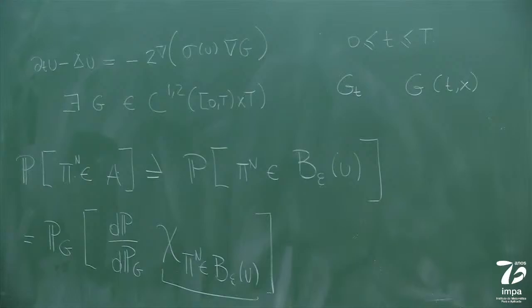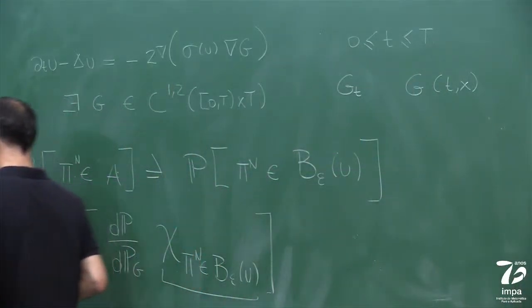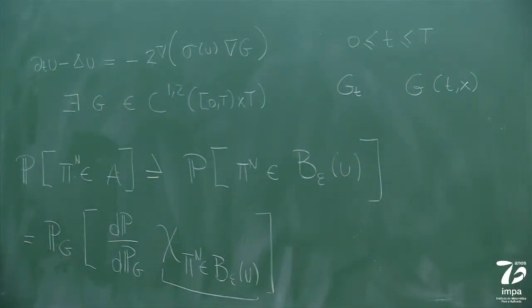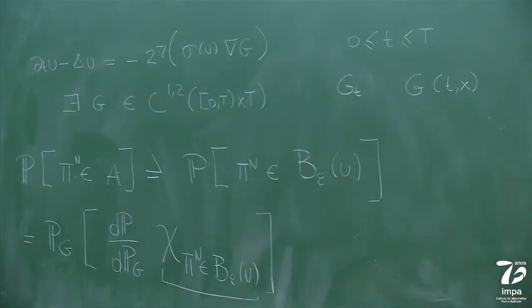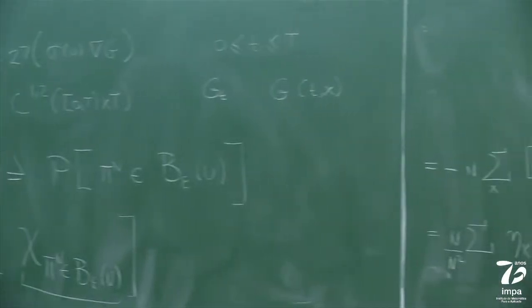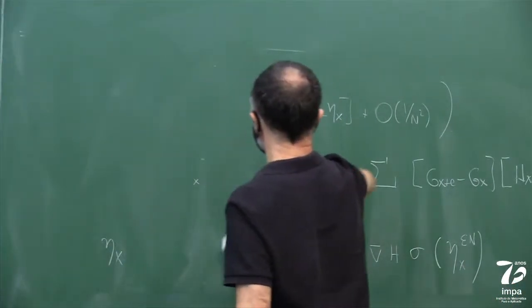Yeah, I need the uniqueness. So that's the first point, the crucial point of the proof of the lower bound.